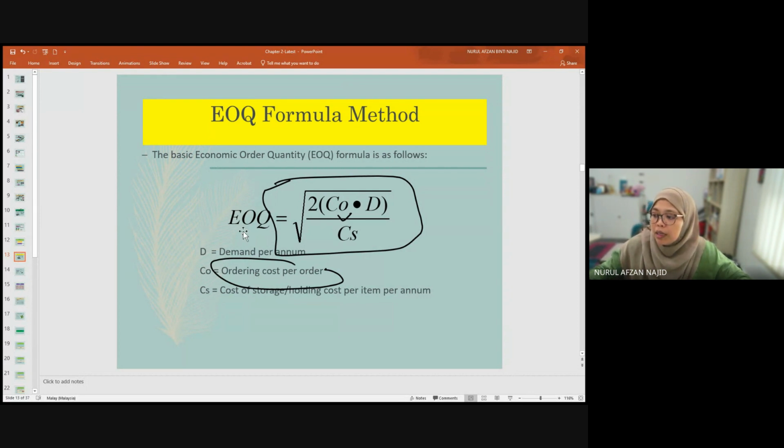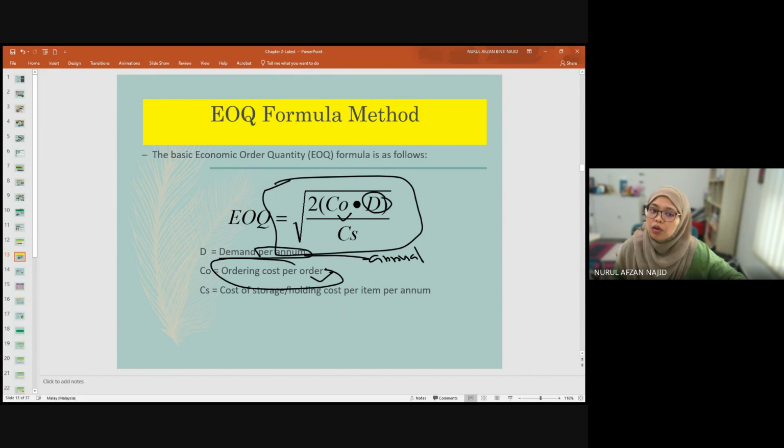Alright, so CO adalah ordering cost per order. Dan kita ada D. Okay, D dia kata apa? Demand per annum. Apa maksud per annum? Annual. Mesti dalam bentuk annual. Soalan selalu dia bagi monthly, weekly, daily.